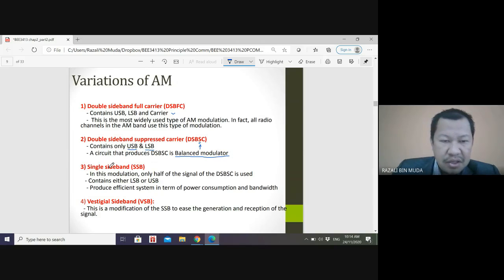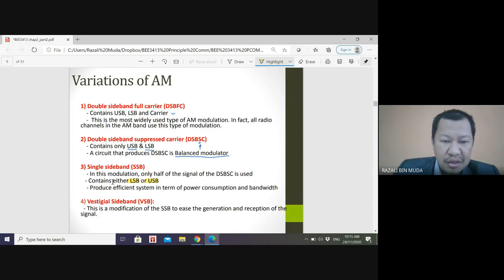Third is single sideband. So this also has no carrier. In this modulation, only half of the signal of the double sideband suppressed carrier is used. So after suppressing the carrier, now you remove another sideband. So now you have single sideband, containing either lower sideband or upper sideband.